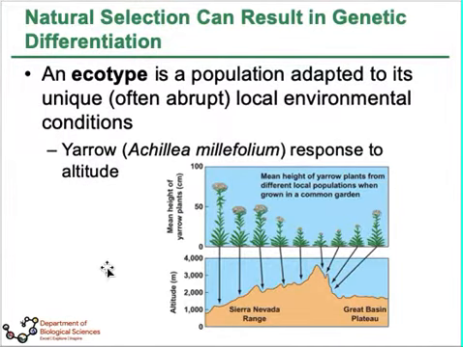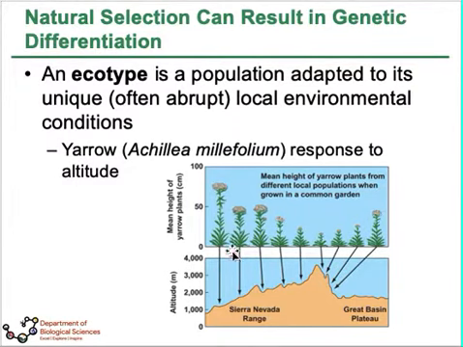Okay. So for this portion here, you have an ecotype, specific population adapted to its unique, often abrupt local environment. So in this case, you have the yarrow. So there are variations in terms of its height.